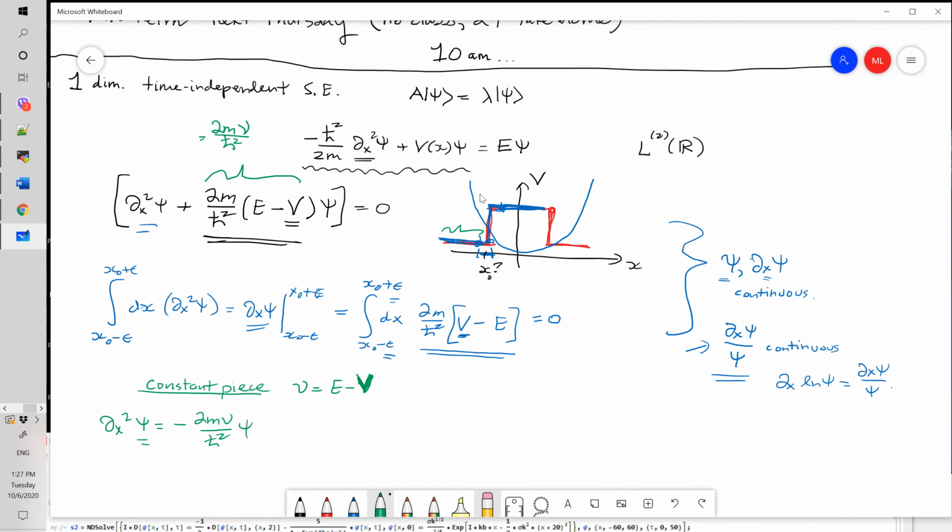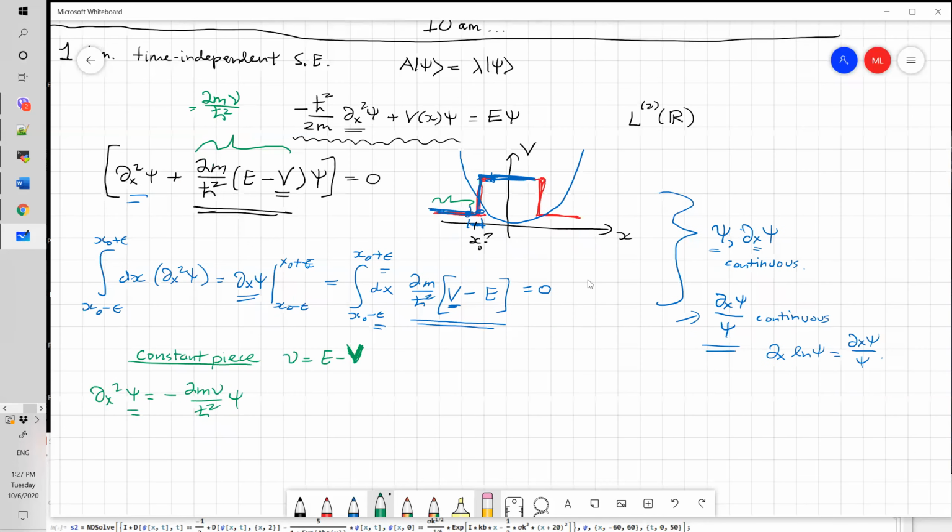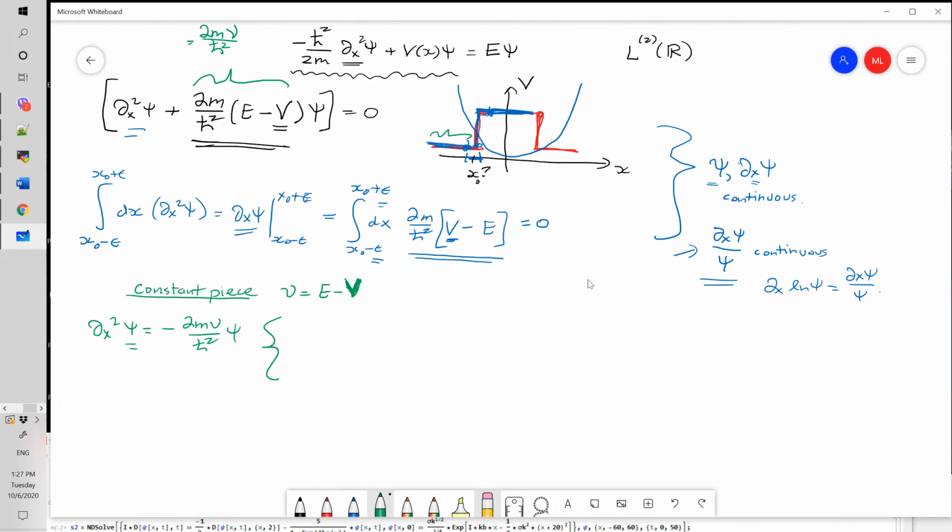And so there's two cases, right? There's when nu is bigger than 0, it's positive. That means the energy is bigger than the potential. And immediately you should think, if the energy is bigger than the potential, then the particle should be moving around, right?